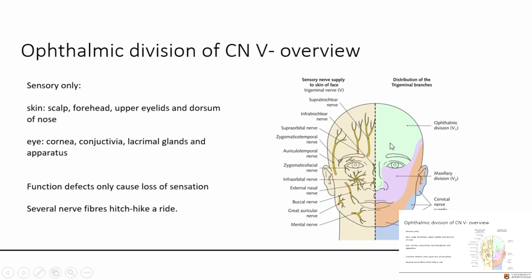Any functional deficit of this division will cause a loss of sensation. But we do have fibers that will hitchhike this nerve, autonomic fibers, so we need to know about them.